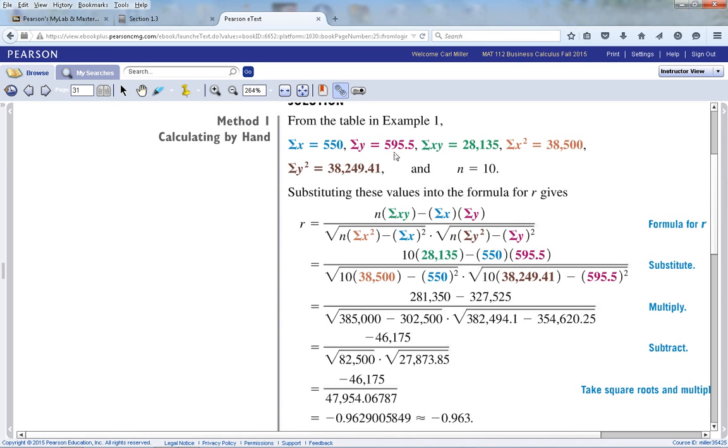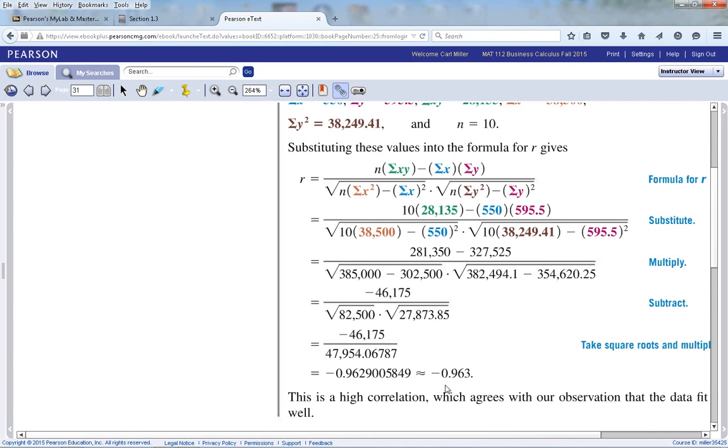And they've done a nice job of color coding everything, so it's easy to figure out where all the numbers go. So you should be able to plug in each of the values into this equation, do the arithmetic, and come out with a correlation coefficient of about -0.963.